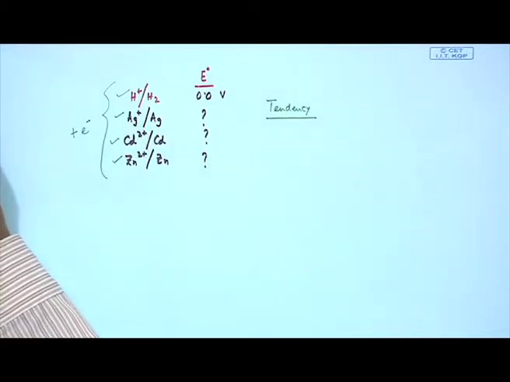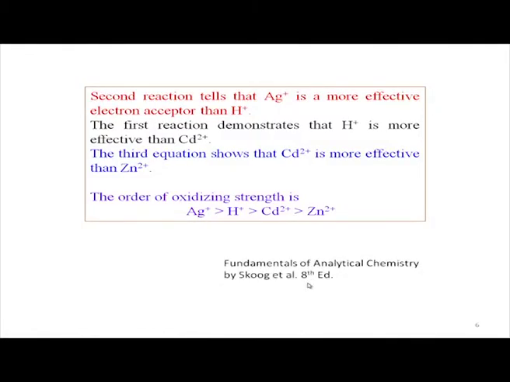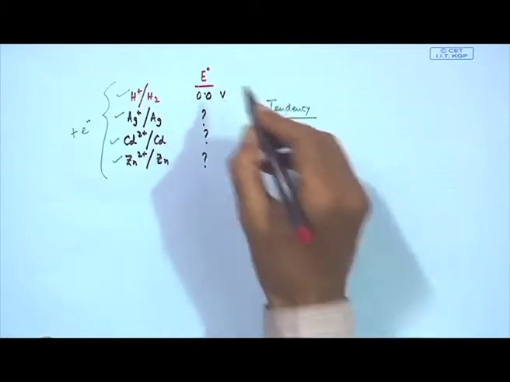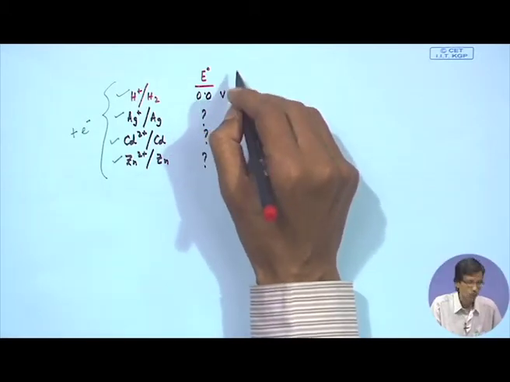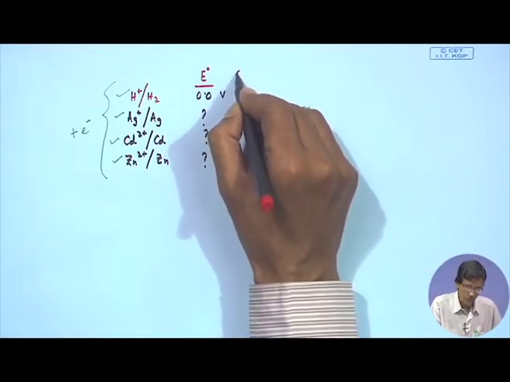This particular thing is there in all standard books, and it has been taken from Skoog's analytical chemistry book. Skoog's book will tell you this qualitative information that we can gather from arranging these cationic species. Now, we have considered this E0 as your standard electrode potential.